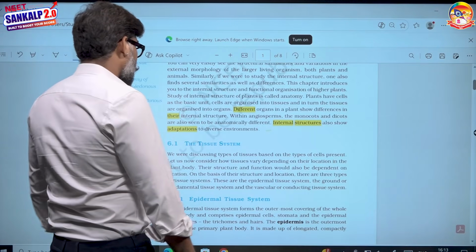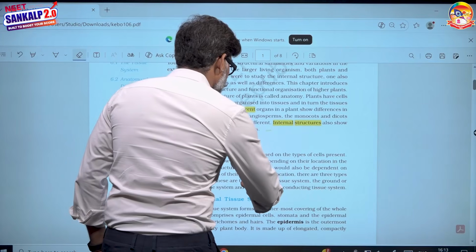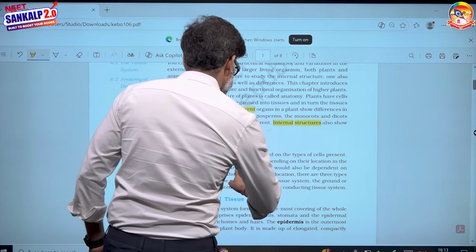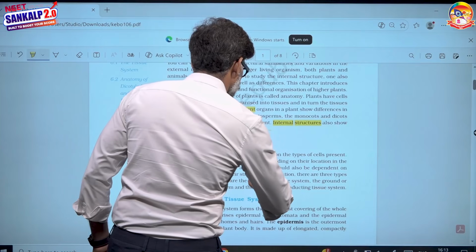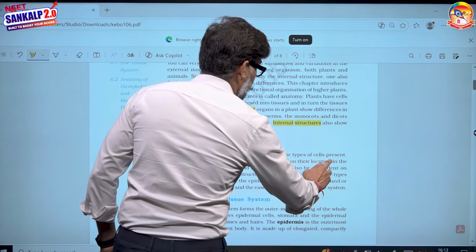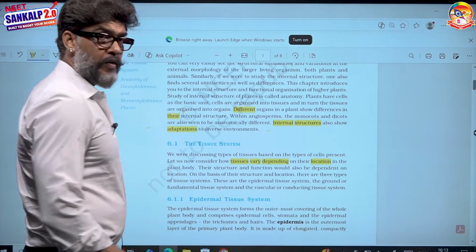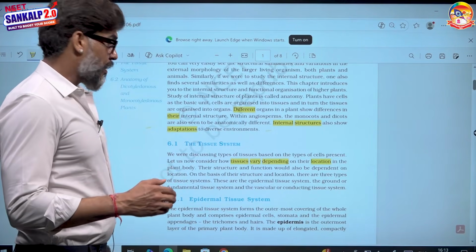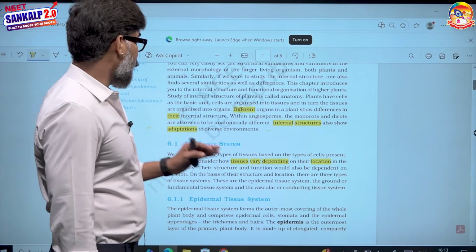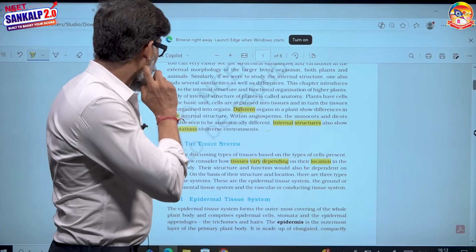So tissues are variable depending on their location in the plant body. Means where they are located, accordingly they are variable. The tissues vary depending on their location in the plant body.